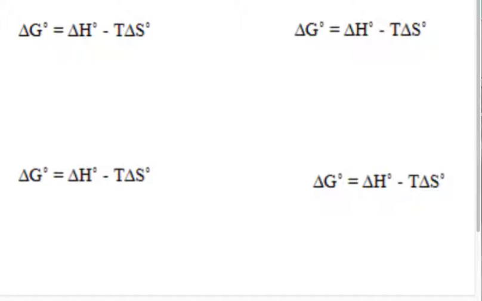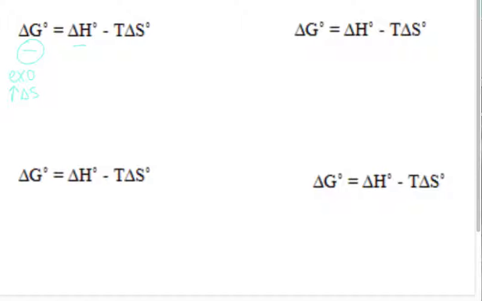So let's take a look. Again, if we want spontaneity, what is the sign of delta G? Negative. So we're looking at what temperatures would be required in, let's do an exothermic reaction with an increase in entropy. Let's start with that one. If I have an exothermic reaction, what is the value of delta H? Negative.